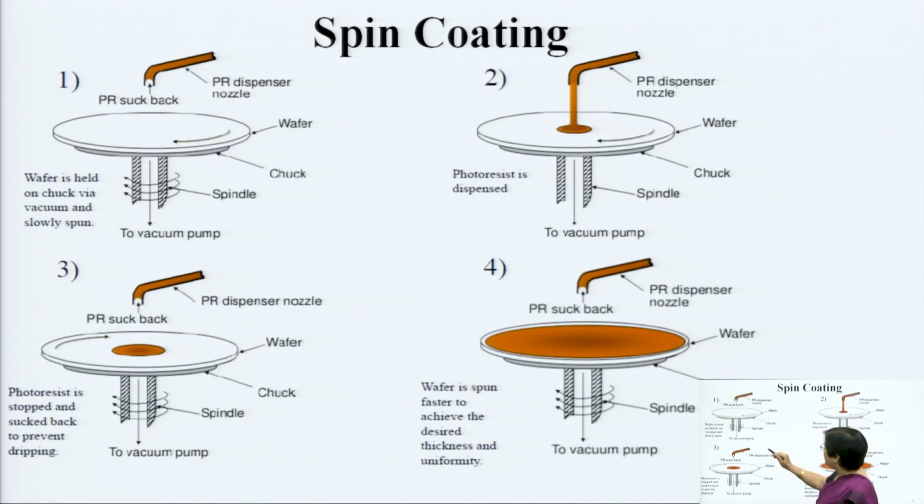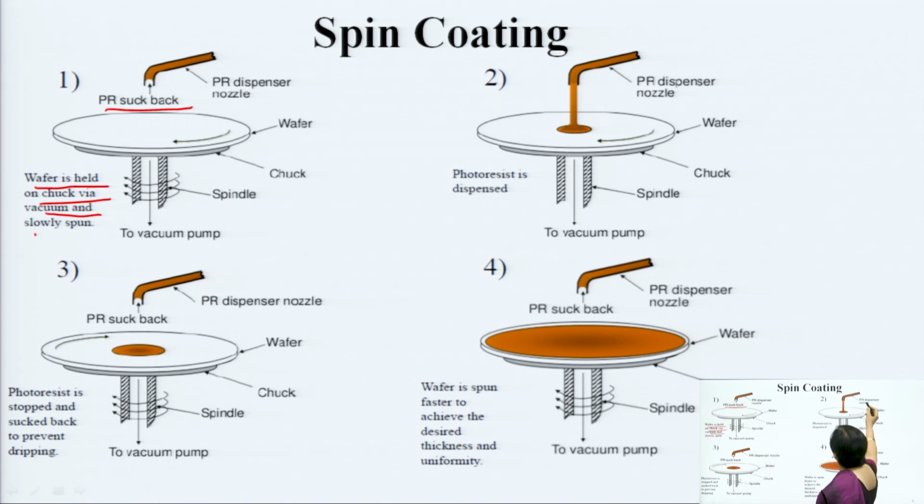force. Now, this is how the excess PR is sucked back, and it is basically a dispenser nozzle. Here you place the wafer onto the chuck, and it is ensured that the wafer is properly stuck onto this particular chuck with the vacuumized system. Automatically the wafer will be held strongly, and with the spindle it will be rotated.